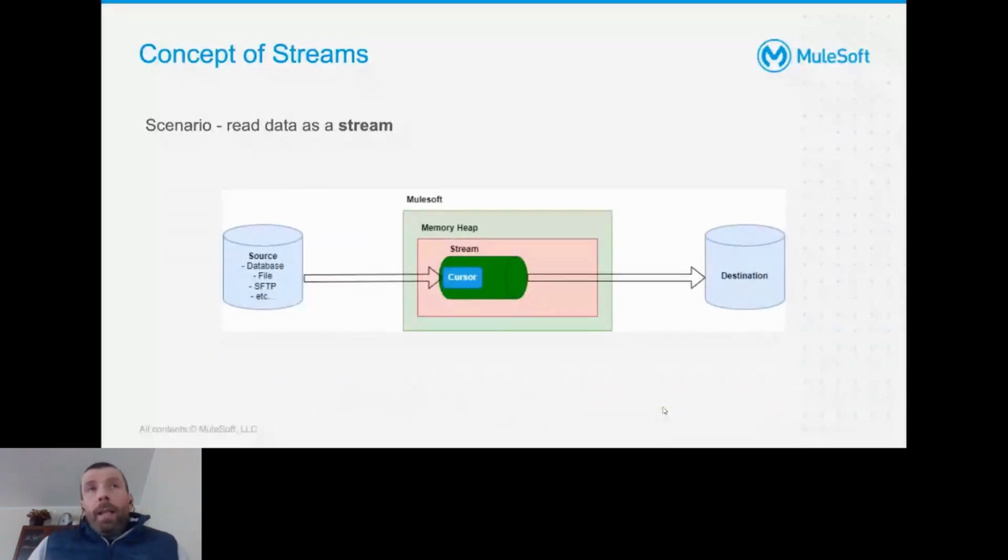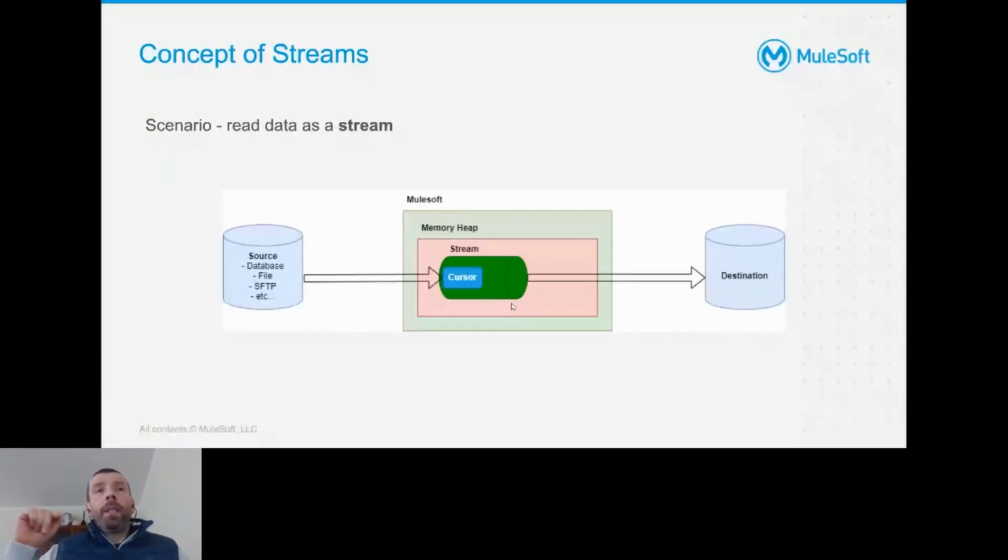And we can also think about something like a stream. It is a very popular concept in the Java world in general, also in other technologies, of course. The stream is like a pointer to the data.